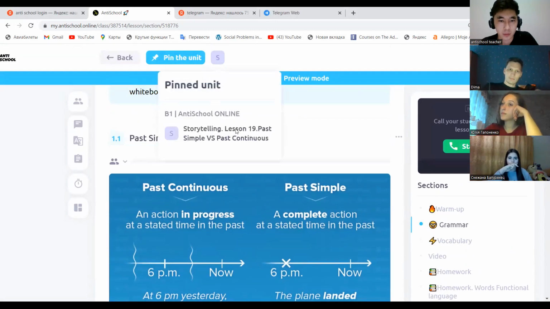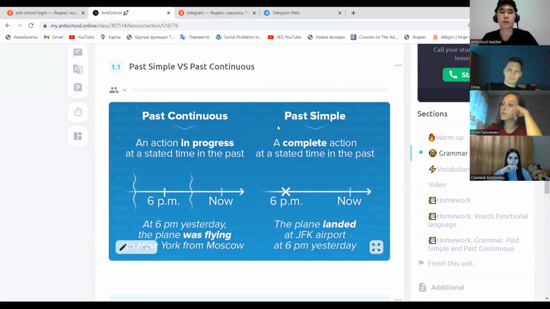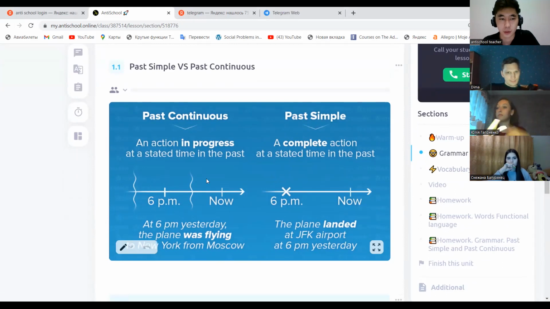As you see, this is about past simple and past continuous. So the difference between past continuous and past simple. Who wants to explain? Who knows the difference between these two sentences?